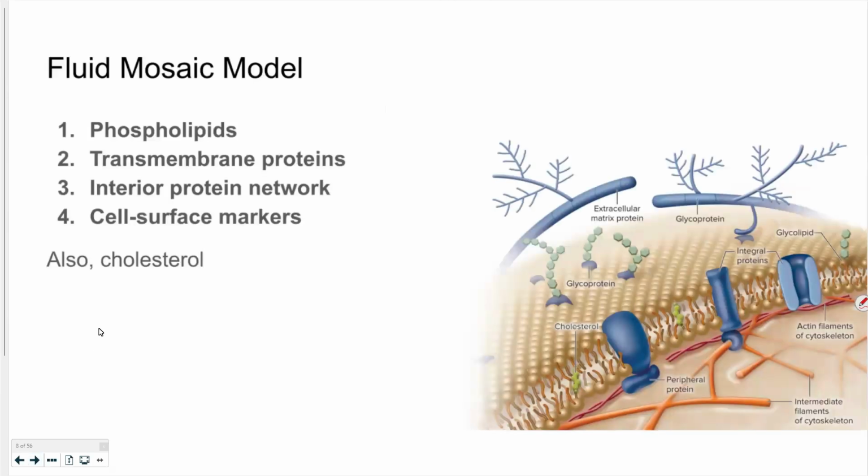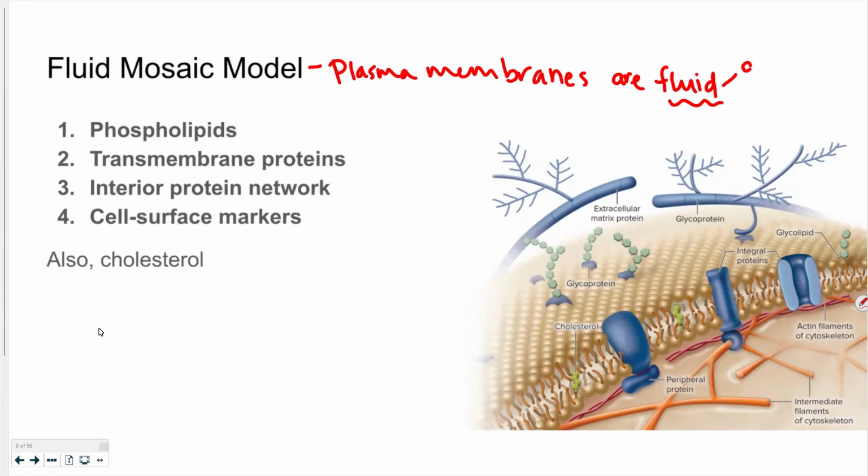All right, so our fluid mosaic model states that plasma membranes are, well, as it says on the tin, they're fluid. So they are able to change.